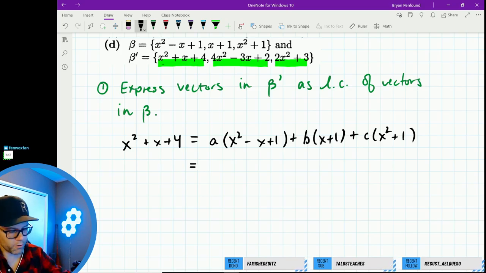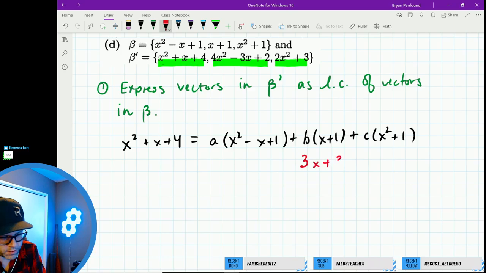B is equal to 3. If you want to play the guess and check game, I'm cool with that. If B is 3, that gives us 3x plus 3. We would then need C to be 1 to get the plus 4 that we want. That would give us an x squared plus 1.